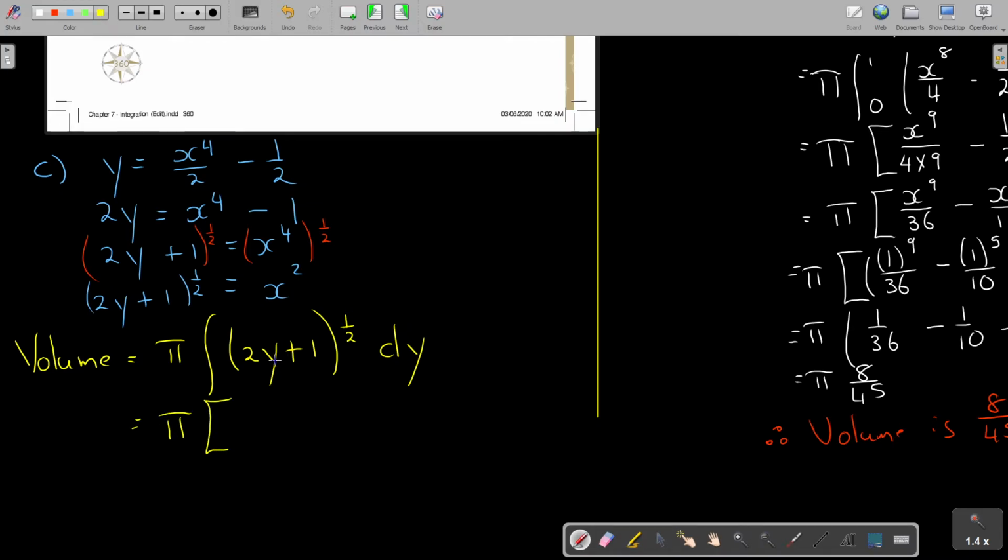Okay, I'm going to integrate. Now, remember, it's that 1 over, so it's going to be 1 over 2, that's the value of a. Then, okay, I like to make that bracket smaller. Then it's 2y plus 1. Now, remember, if you have a half plus 1, so plus 2 over 2, then you're going to get 3 over 2, okay? Then it's 3 over 2, and you divide by 3 over 2, okay?